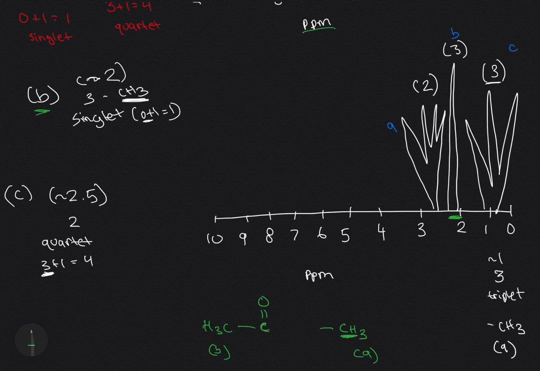This one over here, it's only 2 hydrogens, and it's at about 2.5. Okay, 2.5. That's still roughly within our range of next to a carbonyl group, just like this. So it would be safe to assume that it could be a CH2 group, and that would satisfy our integration number. It's next to the CH3 for the quartet, and it shows up at the right chemical shift.